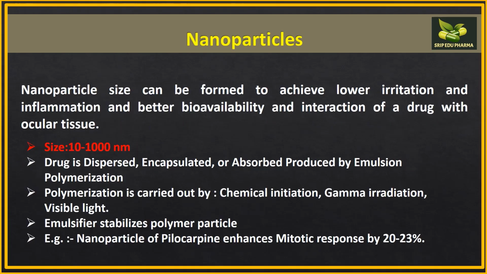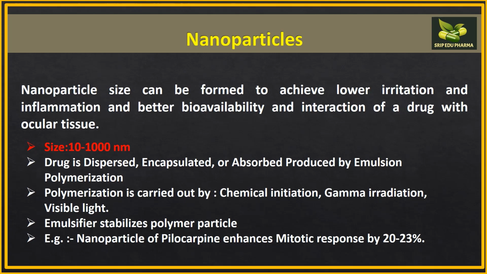Nanoparticles are another approach for ocular controlled delivery. We know that nanoparticles have a size in the nano range, which could be from 10 to 1000 nanometer. These are formed to achieve lower irritation and inflammation and better bioavailability and interaction of a drug with ocular tissue. In this, the drug is dispersed, encapsulated or absorbed, and it could be produced by emulsion polymerization.